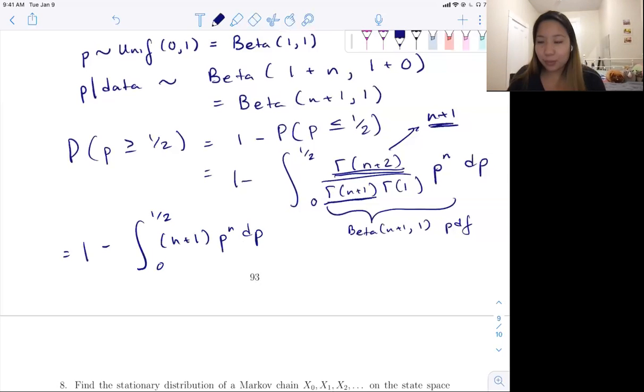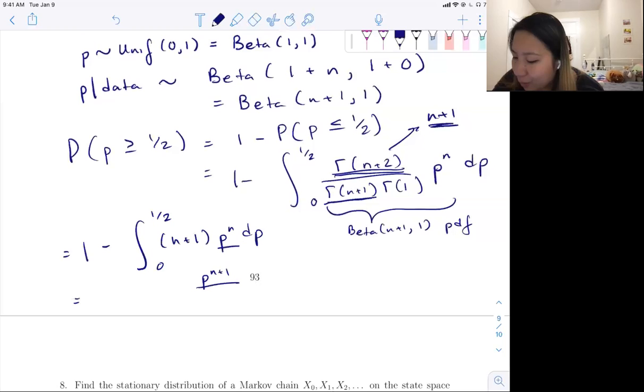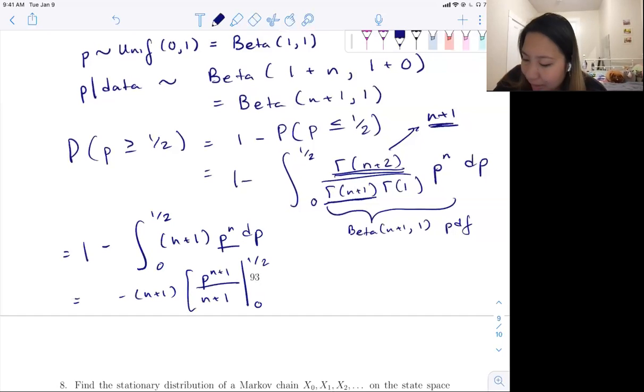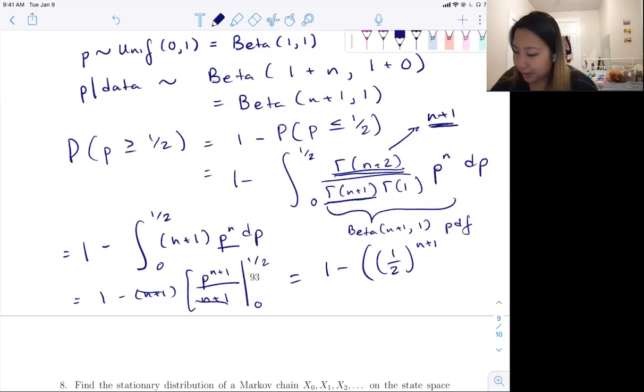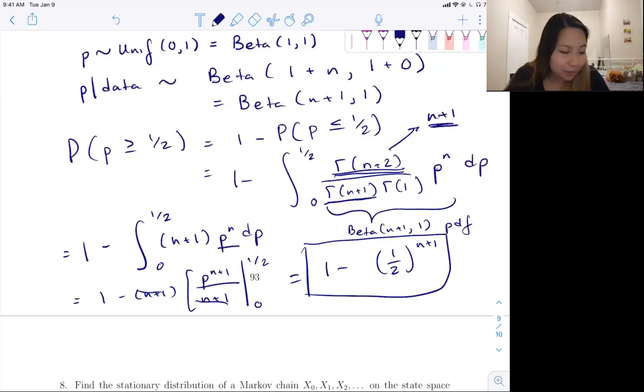You can take the n plus 1 out. So we're integrating p to the n, which is p to the n plus 1 over n plus 1, evaluated at 0 and 1/2. You multiply it by n plus 1 and subtract all of that from 1. The n plus 1s will cancel out, and this will end up giving you 1 minus 1/2 to the n plus 1, minus 0. So it's just going to end up being 1 minus 1/2 to the n plus 1.